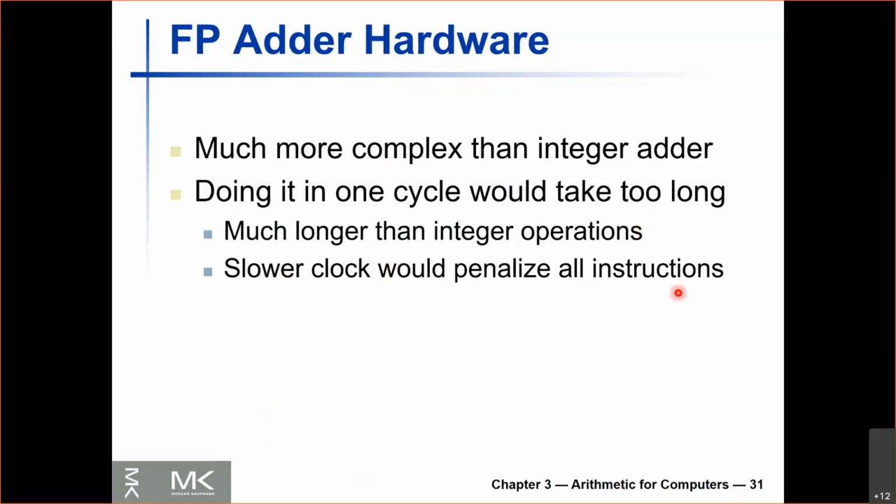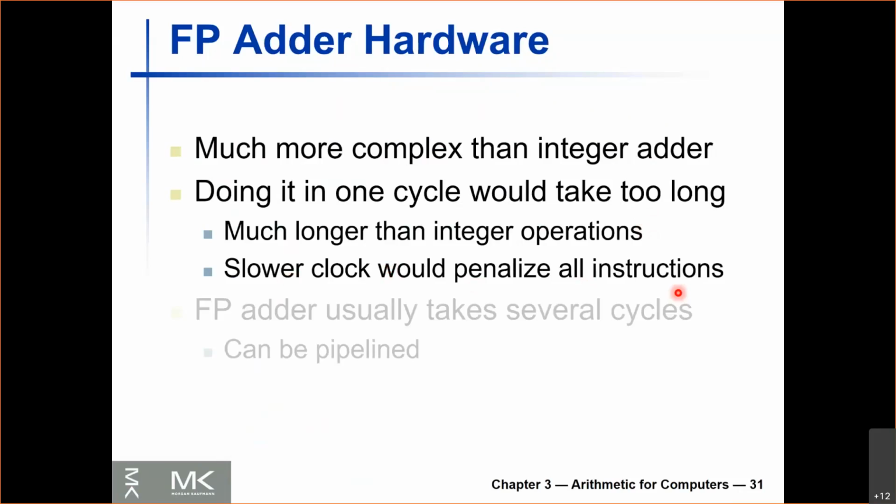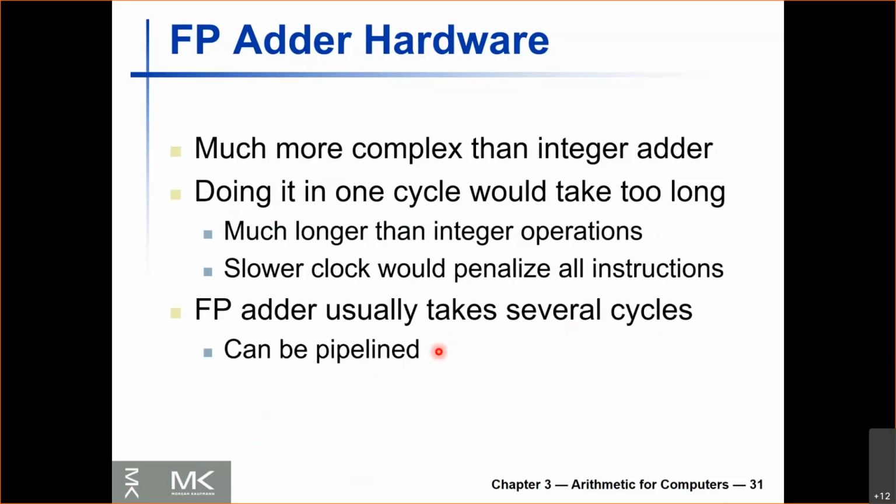We're simply going to let the floating point operations take multiple cycles. So the floating point adder can usually take several cycles, and it can be pipelined, which reduces the impact of that. We'll talk about pipelining later, so don't worry about pipelining for now.